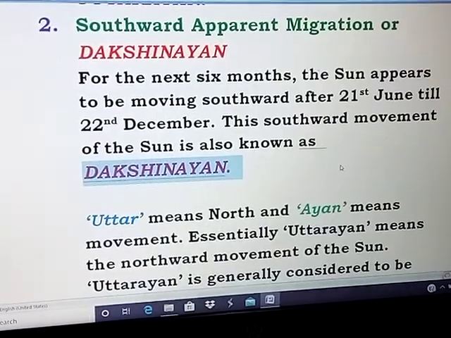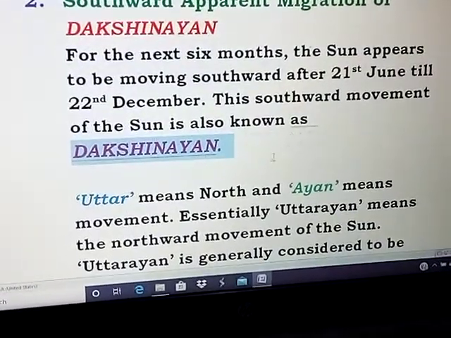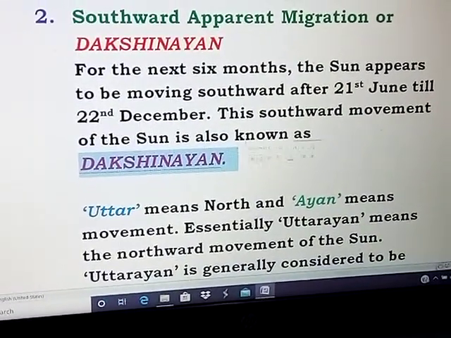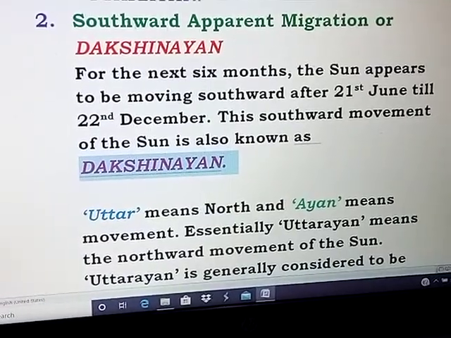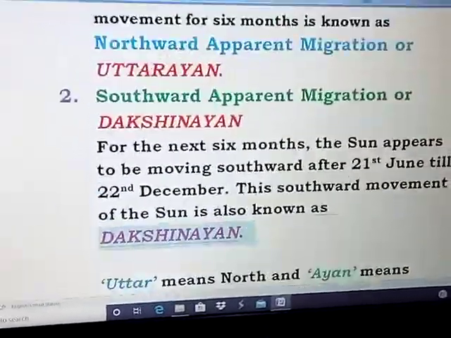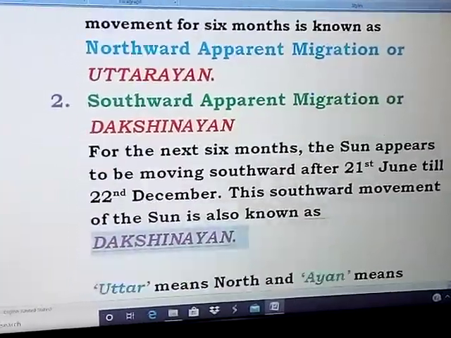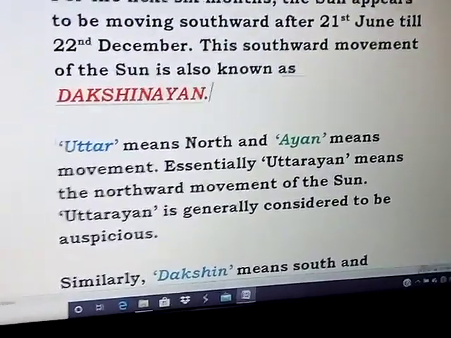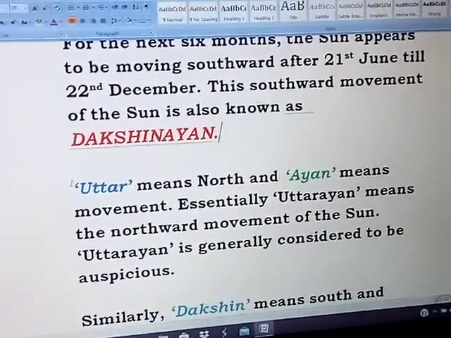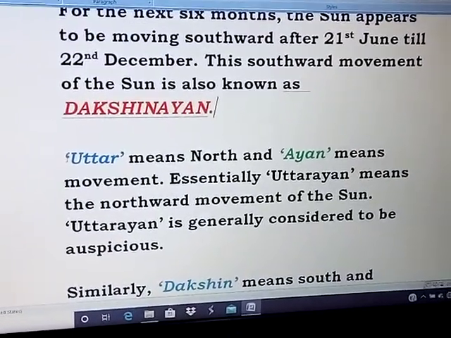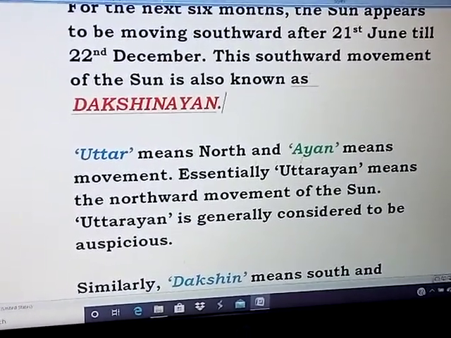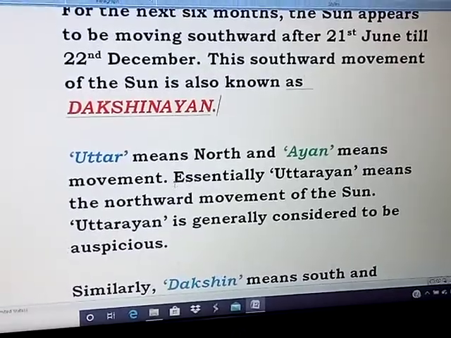Let us understand what is Uttarayan and what is Dakshinayan. These are the Indian names of the northward and southward apparent migration. Now Uttar in our Indian language, Sanskrit, even in Hindi also perhaps, means north, and ayan means movement.